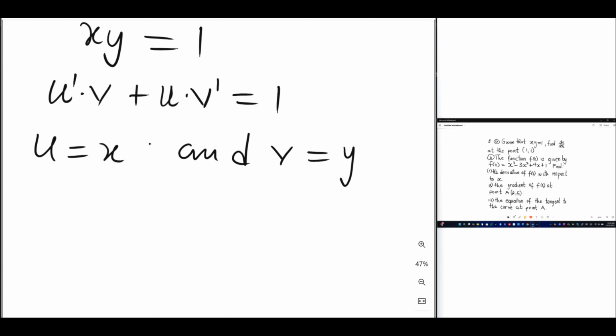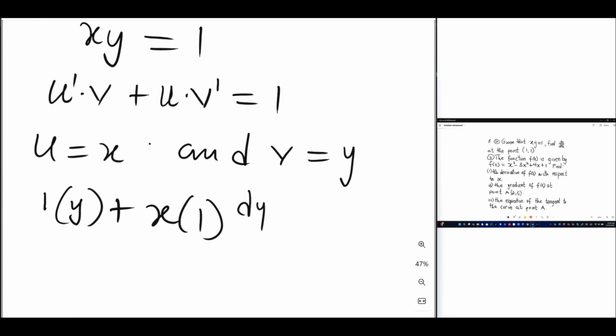When you differentiate function u with respect to x, we get 1, multiplying v, which is y, plus u, which is x, multiplying the derivative of v. When you differentiate y, you get 1 times dy/dx.